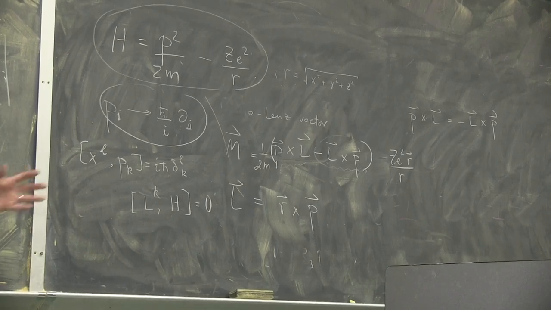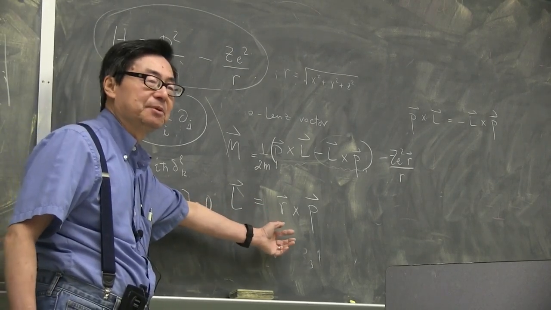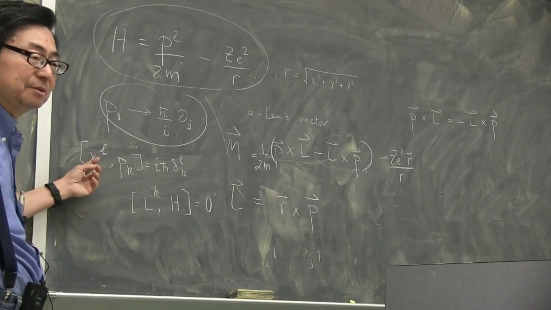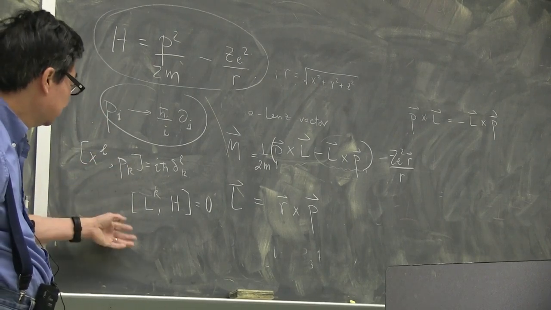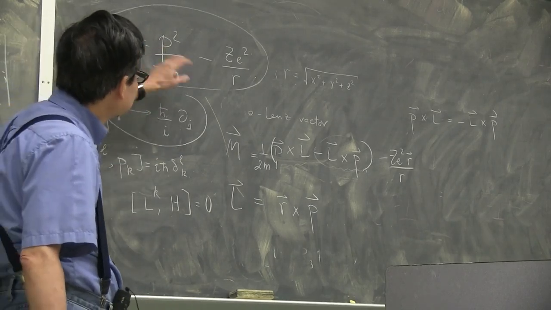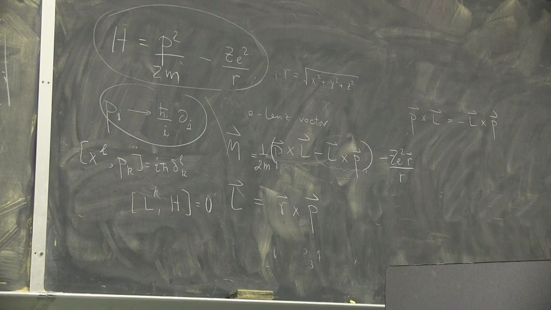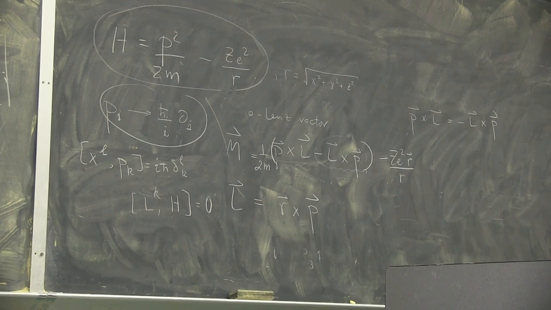L involves both R and P, both X and P. You know how the commutation relations between X and P are, and H involves P and X, so you can calculate easily, and you can show pretty easily that H commutes with L. When H commutes with L, that shows you that L is a constant of motion by the Heisenberg equation of motion, okay?